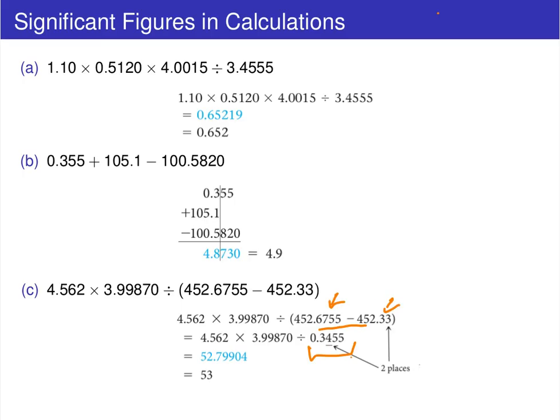Therefore, the answer is only going to be significant down to 2 decimal places. But I'm going to keep the trailing 5 there to calculate the final answer, which is shown in blue here. And then remember that there's only 2 sig figs associated with this third number here. And so once again, we're going to only have 2 sig figs in that final reported result.